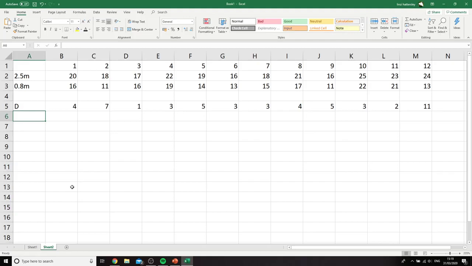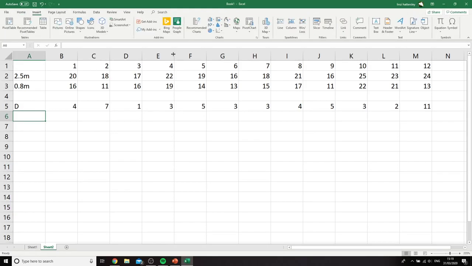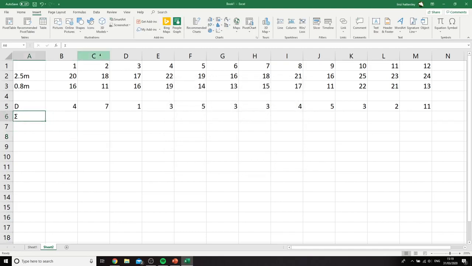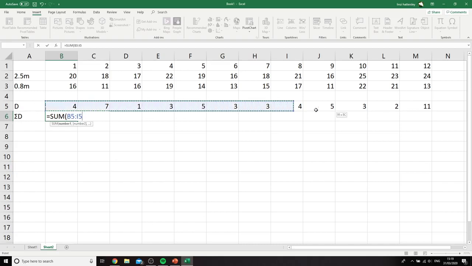You're also going to need the sum of the difference. Got to get that symbol again. That one, sum, open bracket. By using sum, again, we're telling it to add all these numbers together.